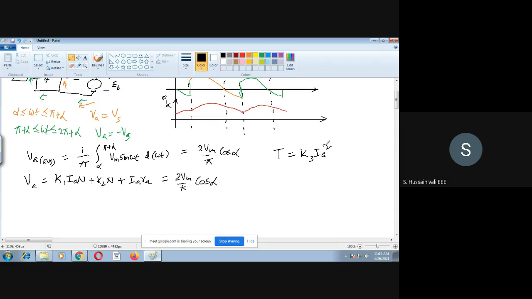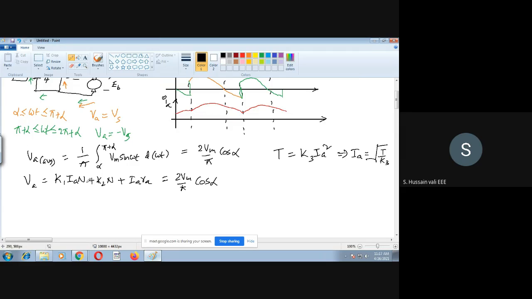This is the torque equation we got last class also. Just recall that yourself; there is nothing wrong in this. If you go through the previous class notes, you will understand that it is some constant into Ia square. So from this, Ia is equal to square root of T by K3. Okay. We will use this at an appropriate time.